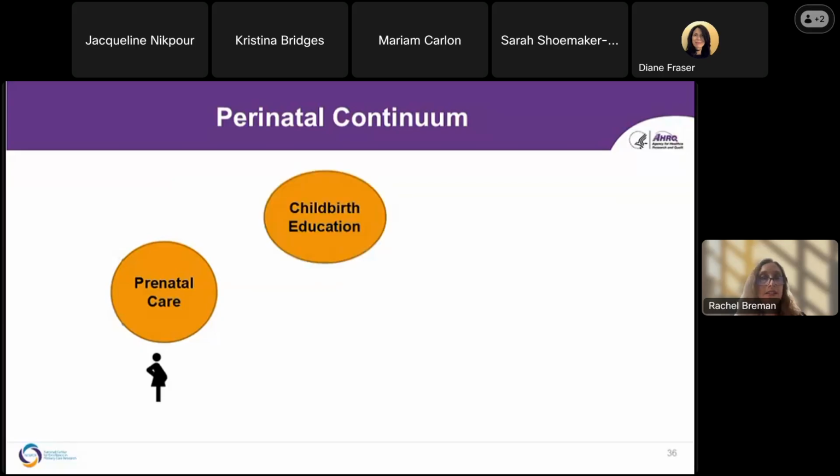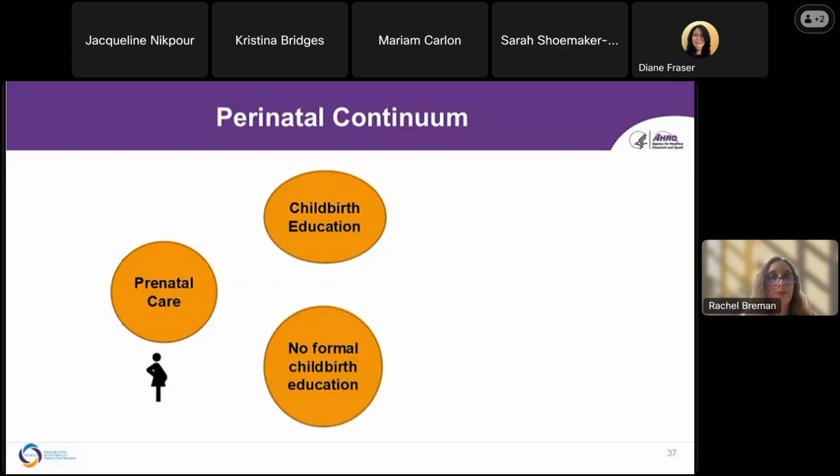Then as this woman goes along her care trajectory, she may or may not choose to attend childbirth education, but whether it's formal or informal, we do know that women are receiving education about their pregnancy.